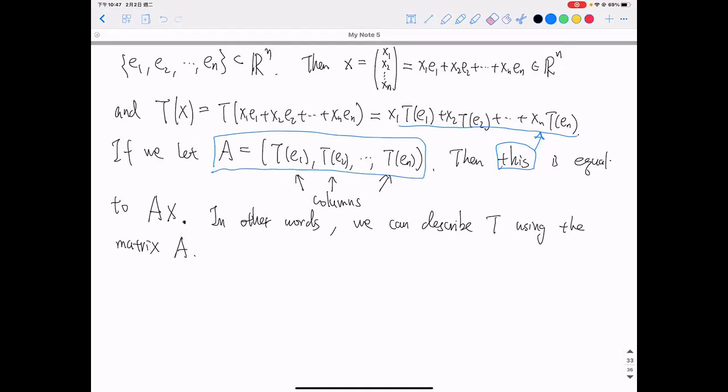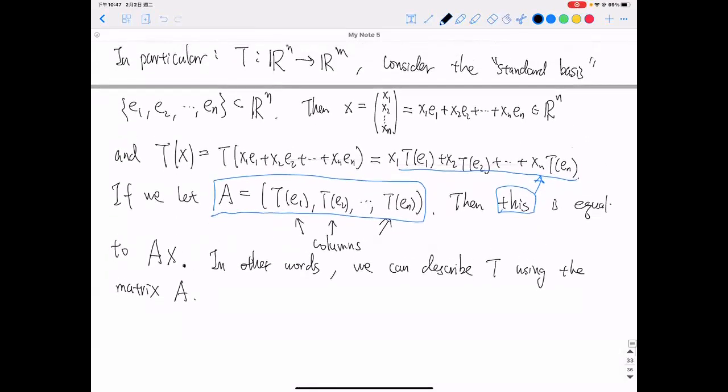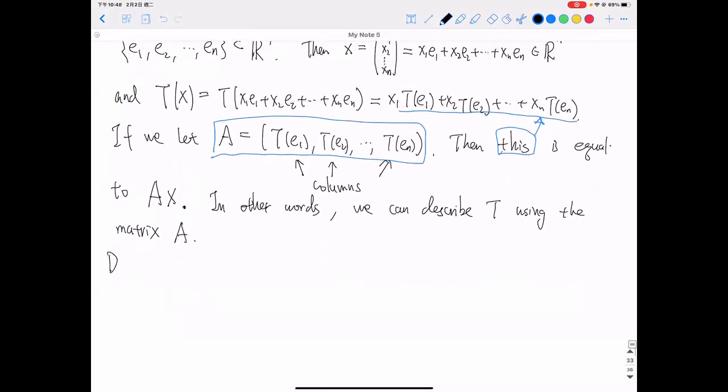This shows a close relationship between matrices and linear transformations. Okay, so now let's move on to some further definitions.